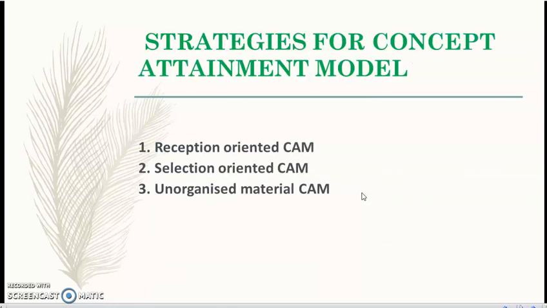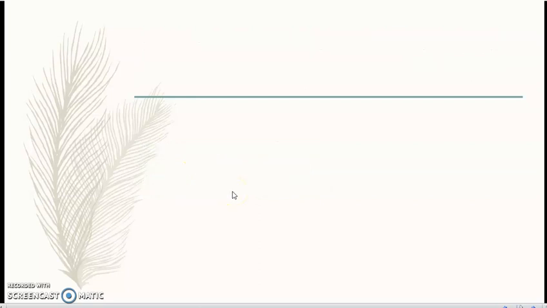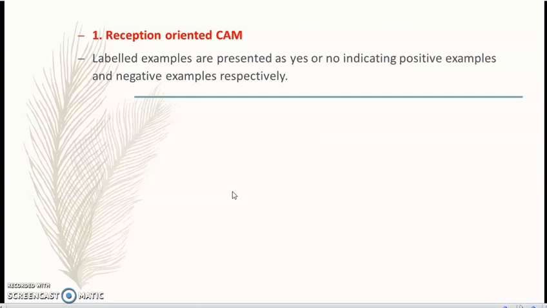We also saw certain strategies for the concept attainment model: reception-oriented CAM, selection-oriented CAM, and unorganized material CAM. In reception-oriented CAM, the labeled examples are presented as yes or no, which indicates positive and negative examples respectively.